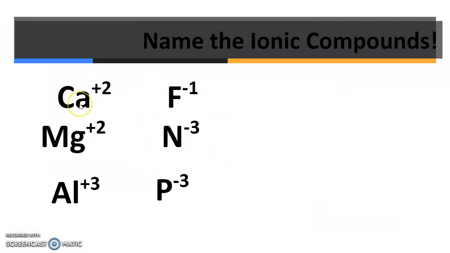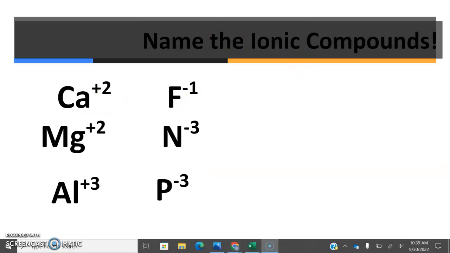Here we have calcium as our cation and fluorine as our anion. If we were going to name this according to the ionic compound naming rules, we would write our metal first, and then we would write our nonmetal, drop the ending, and change it to "ide." So I'm going to do that here.